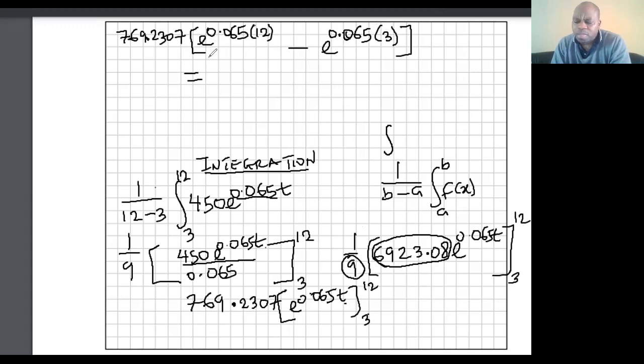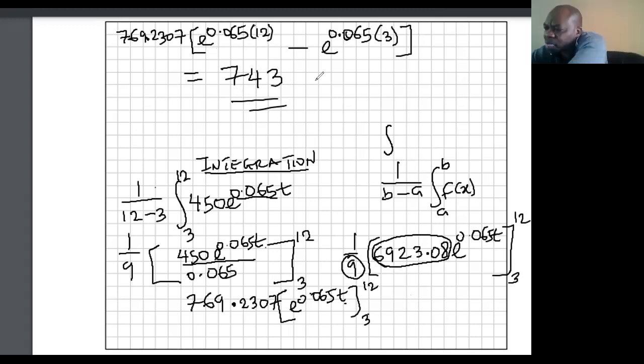Okay, so this will give us 743. So that should give us 743, to the nearest whole number. So 743.